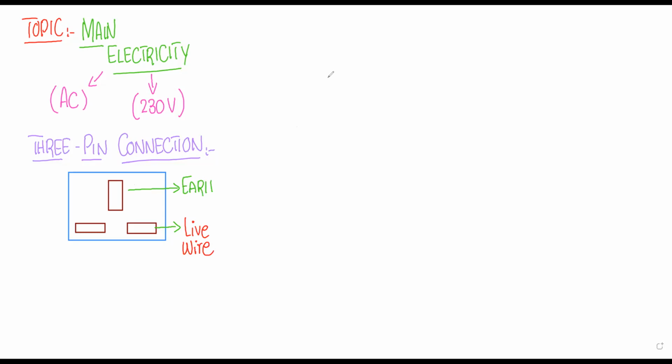Earth wire is normally connected on the top of the 3-pin plug. And on the left hand side there is another wire which is known as the neutral wire, right? So this is the combination of wires in 3-pin connections.